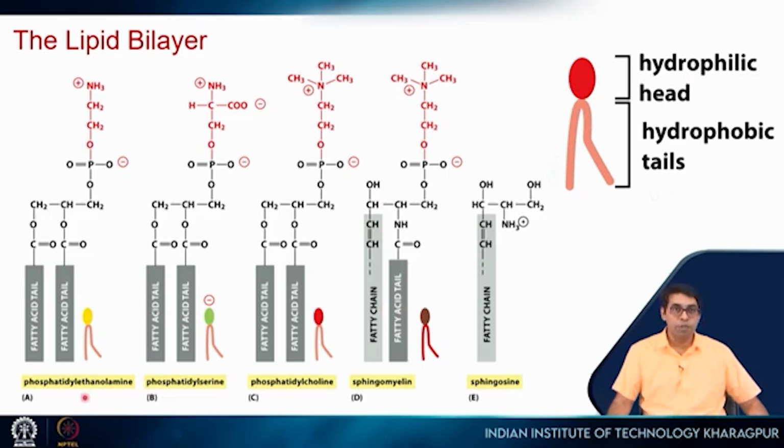You have phosphatidylethanolamine, phosphatidylserine, phosphatidylcholine, sphingomyelin, and we will see that these are all present in the two layers of the lipid bilayer and they play very important roles. Typically, the architecture of a lipid is a hydrophilic or charged head group and a hydrophobic tail.